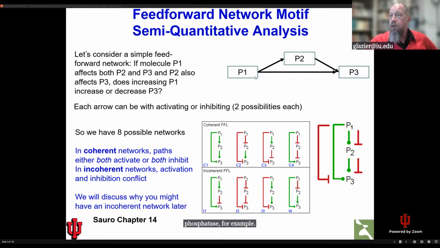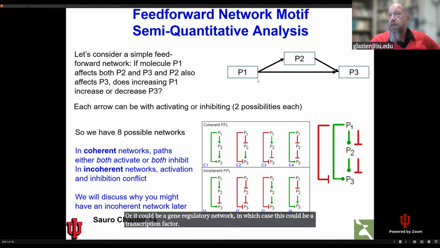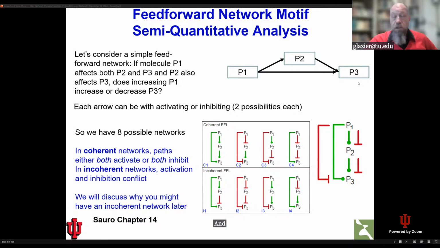Or it could be a gene regulatory network, in which case this could be a transcription factor. P1 affects species P3 directly, but it also affects some intermediate species P2, and P2 then affects P3. So there's a direct signal and an indirect signal.